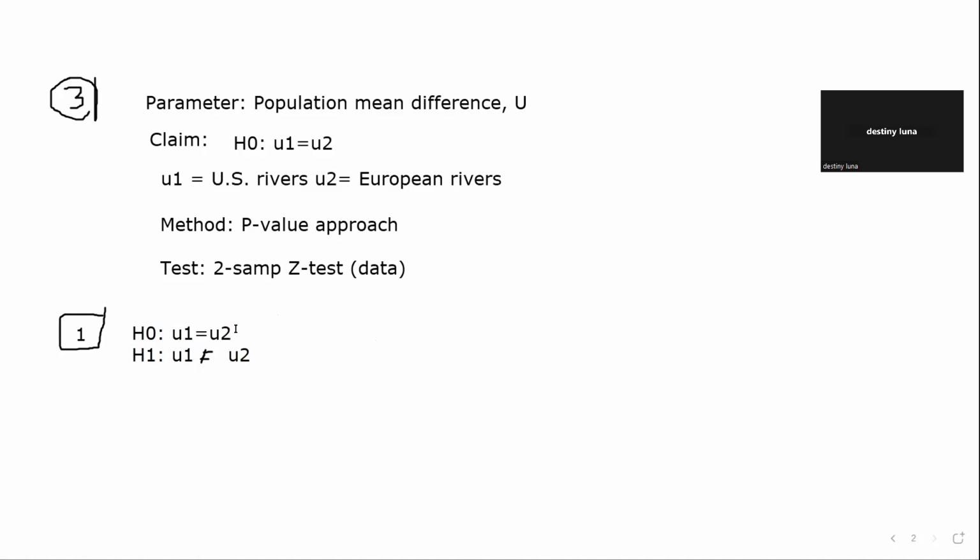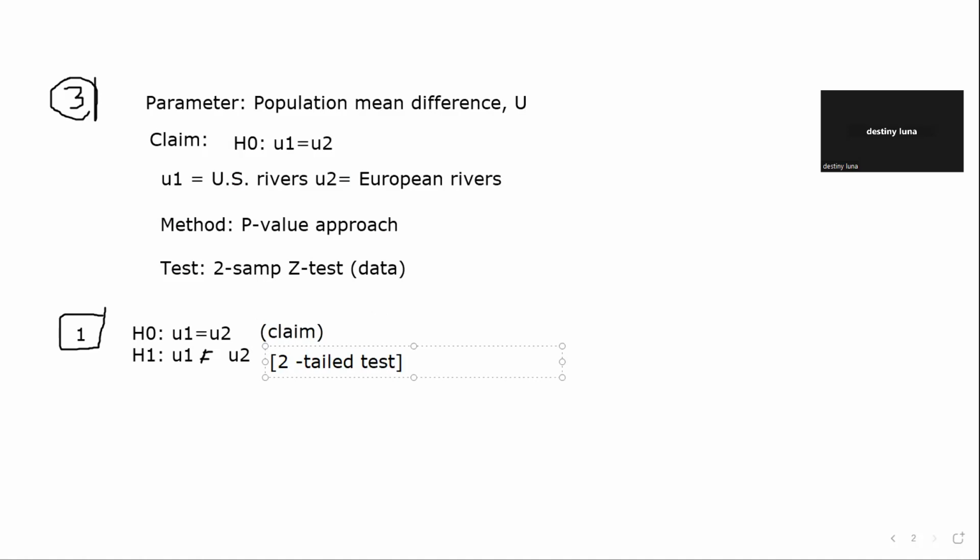So our claim is H0 here. And this is a 2-tailed test. Okay, so we've got that.